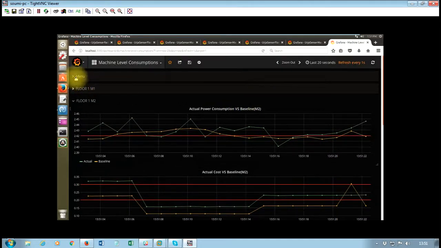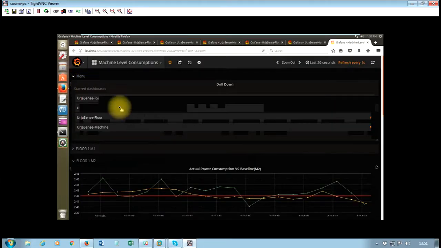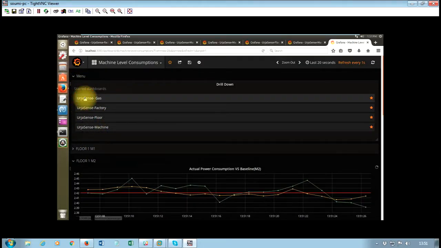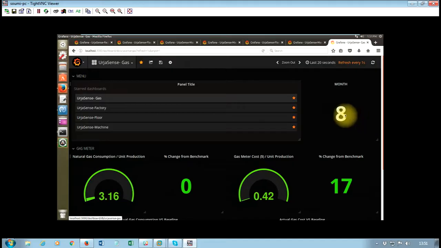Now we will look at the gas menu. Yeah, so for the summary again, for the month of August, we have the natural gas consumption per unit production, which is at 3.16 units. It is exactly the same as the benchmark, and the gas meter cost per unit production is 0.30.